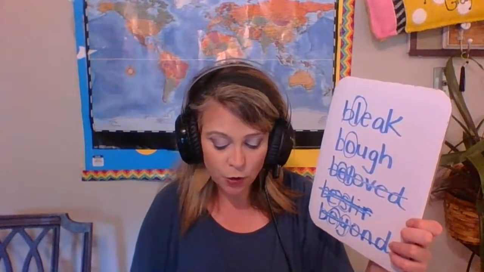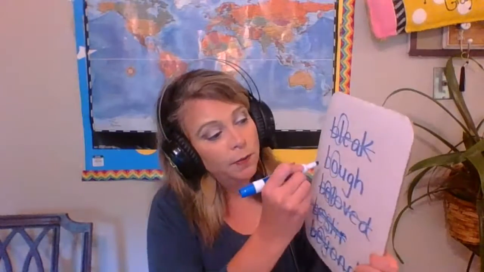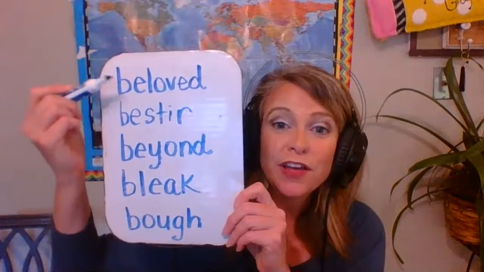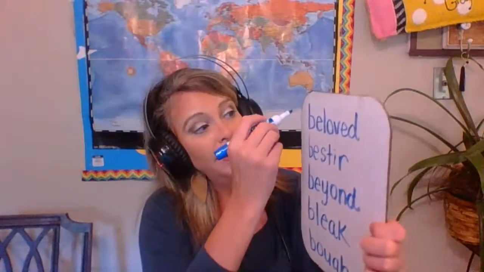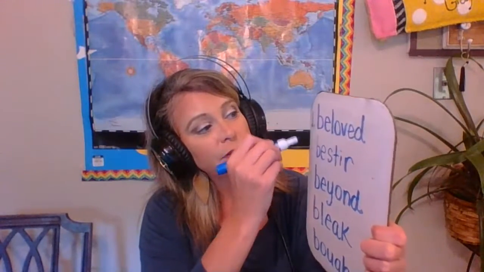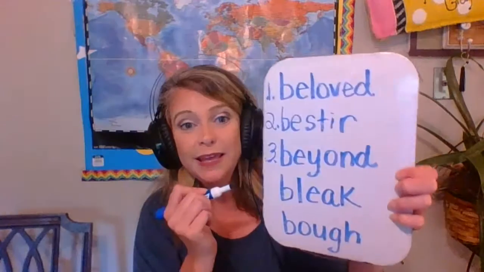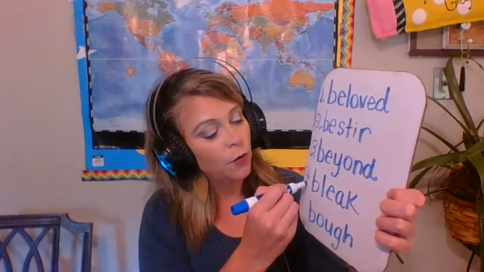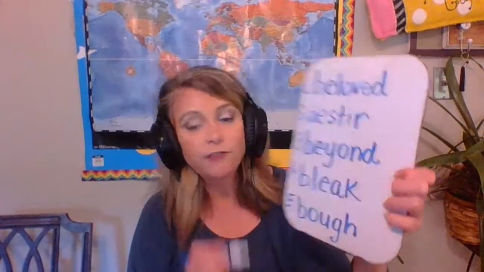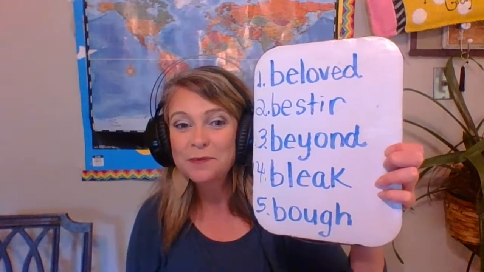And the last word on the list would be bow. If I were putting them in alphabetical order, this is what it would be: number 1, beloved. Number 2, bestir. 3, beyond. 4, bleak. And 5, bow. Good job. Now, you may have some practice in your Google Classroom this week in that area, okay?